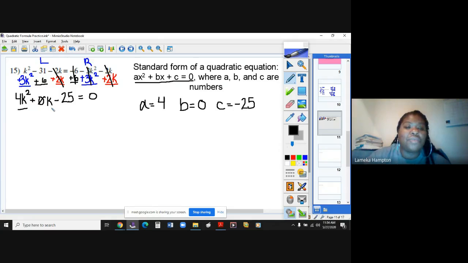So that's the reason why, again, I am using 0 for B, because 4 would be equal to A, 0 would be equal to B, and negative 25 would be equal to C. Remember, the constant C, or the letter C, is a number that's by itself. It's not a coefficient. It's just a constant. So that's basically what a constant is.